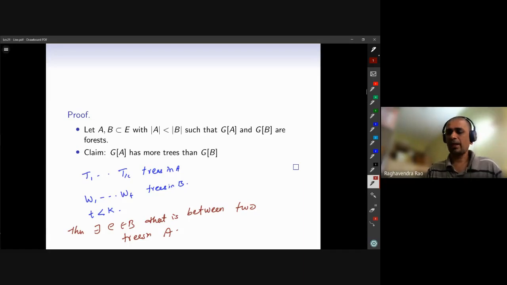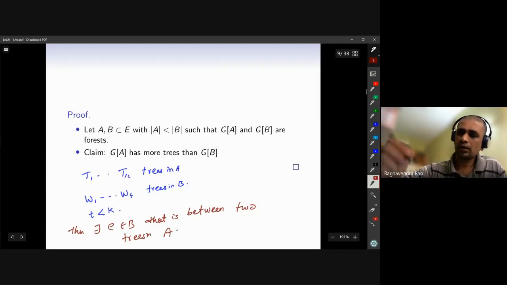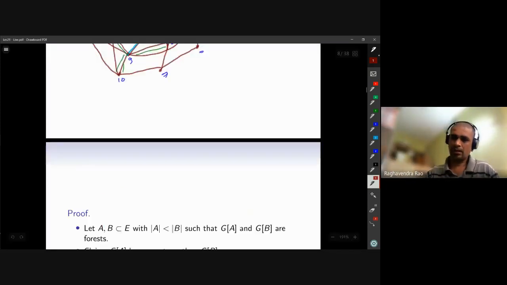It has to be, because the number of trees in B is smaller, but it has more edges. Let's take this simple example where k is 2 and t is 1.